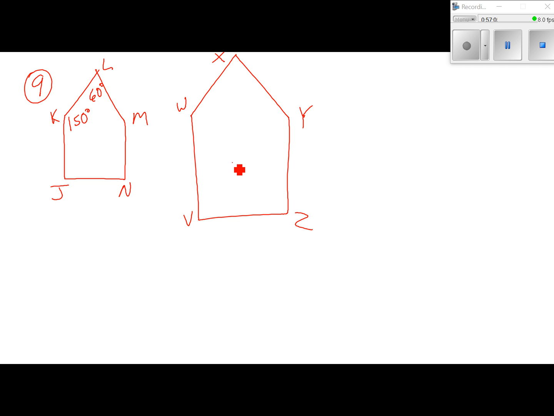But if I look at angle L and look at the names that they give us on the paper, L is the 3rd letter in the first name, so it has to match up to the 3rd letter in the second name, which is X. So that L is going to match up to the X right here.